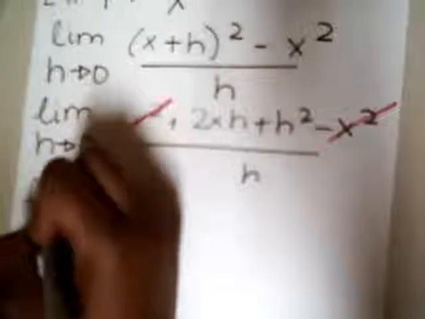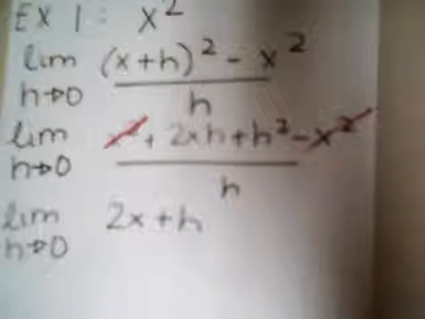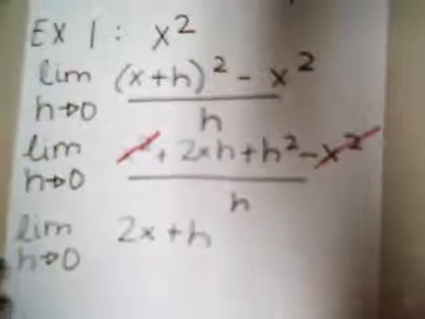We can see that our x squareds cancel out. And we can go ahead and divide out the h's, leaving us with the limit as h approaches 0 of 2x plus h. As we know, h goes to 0, which leaves us with 2x as the derivative.